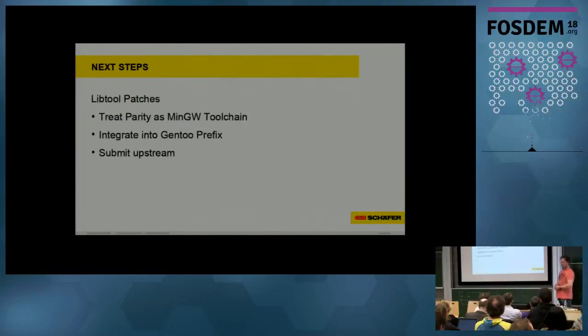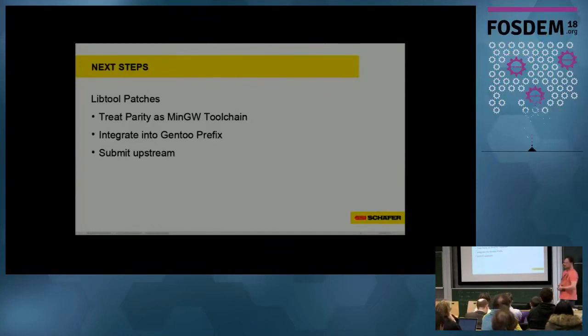Of course, there are libtool patches that do support using Parity. Actually, libtool does support using the cl.exe toolchain already, the Microsoft toolchain. But it's different and quite incomplete. Without wrapping the Microsoft toolchain, you cannot do a few features libtool usually relies on.